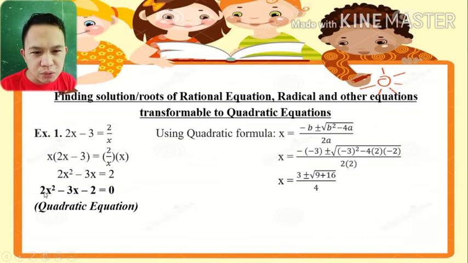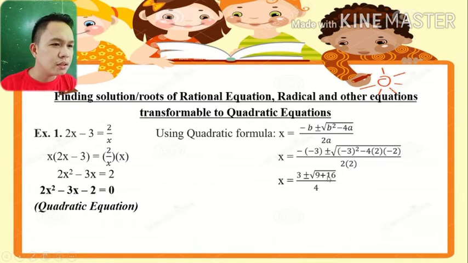Kasi yung A is 2, yung B is negative 3, your C is negative 2. So, we will have negative 3 squared minus 4 times 2 times negative 2 all over 2 times 2. Simplify mo lang yan, magiging positive 3, 9 plus 16 over 4. Simplify mo lang para makuha yung mga values.